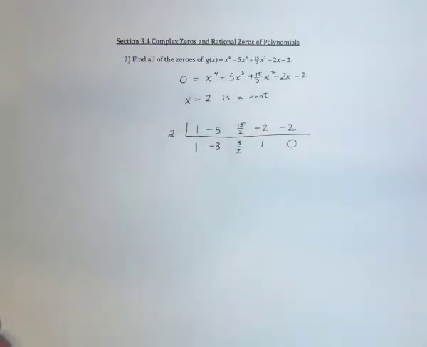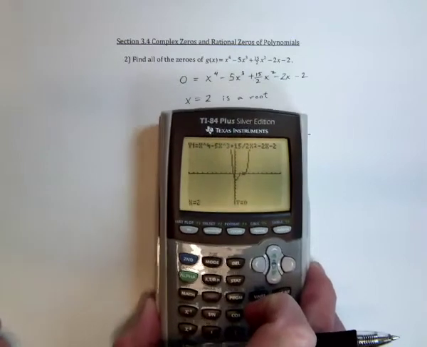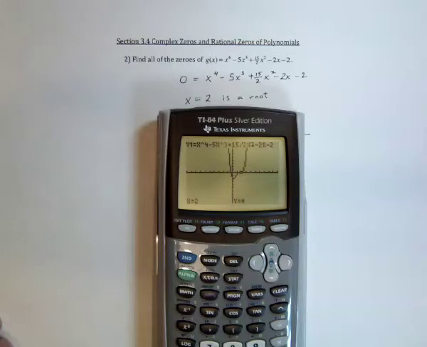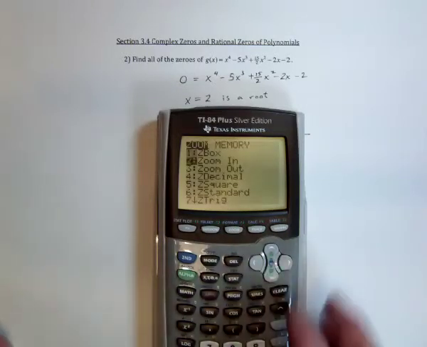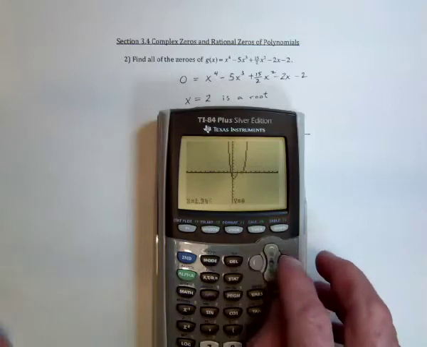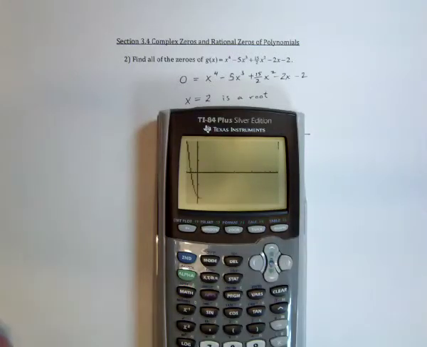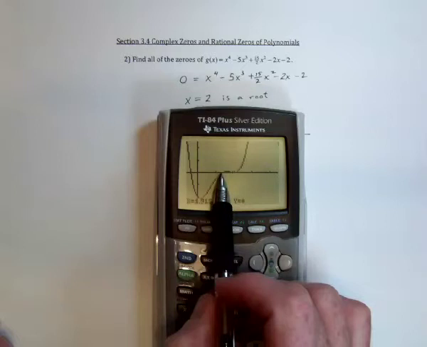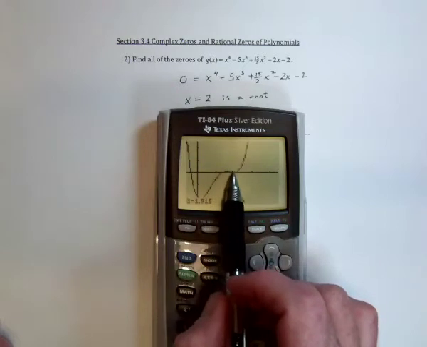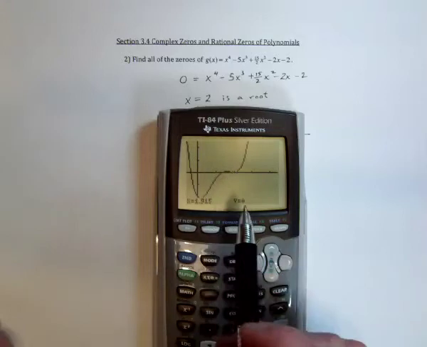Well, if we take a closer look at the graph at x equals 2, so let me zoom into that area, zoom in to where x is equal to 2. And the function goes above the x-axis here and then makes a U-shape, a small U-shape right at x equals 2.